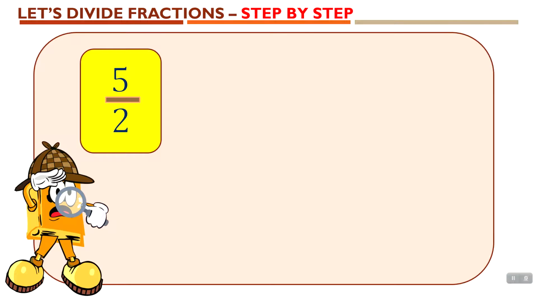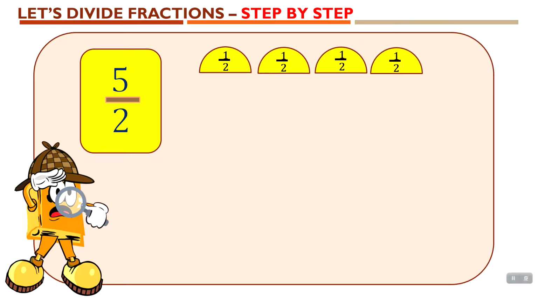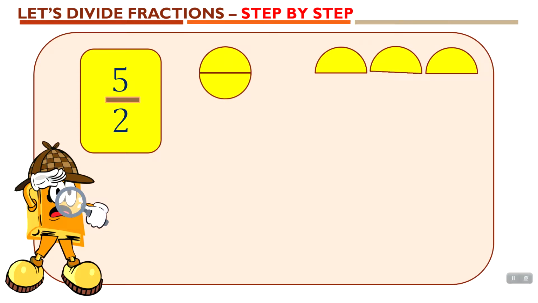Now let's look at 5 over 2. We can also call this 5/2. 1, 2, 3, 4, 5/2. Let's try now to combine the halves into wholes, and we can see that that half on top of that half is 1 whole. That half on that half is 1 whole, and we have 2 whole circles and 1 half circle.